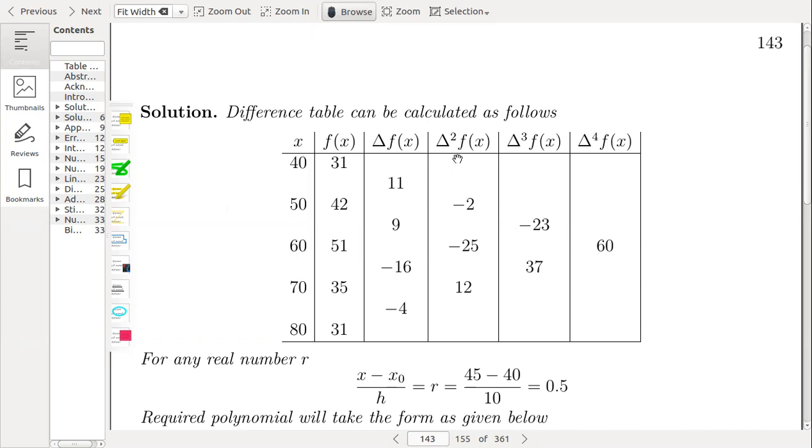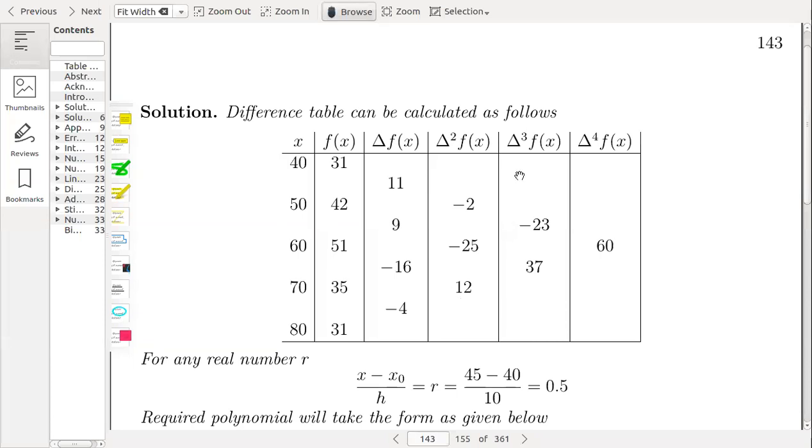Then the second forward difference can be computed as minus 4 minus 16, that is 12, minus 16 minus 9 is minus 25, 9 minus 11 is minus 2.